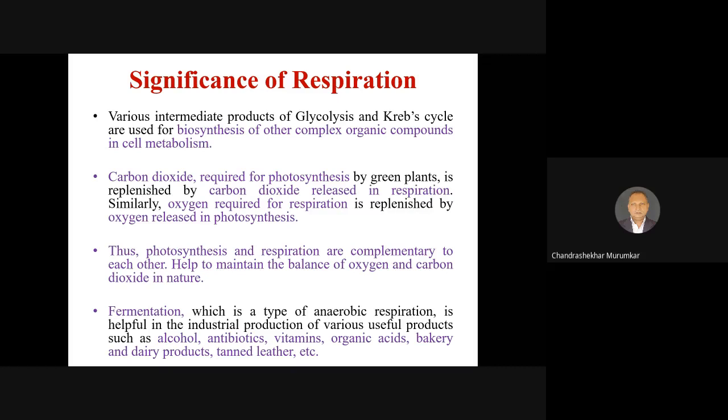Remember, there are three components which are very important from the examination point of view. The first component is glycolysis. The second component is the TCA cycle or citric acid cycle or even Krebs cycle. And the last component is obviously the ETS or electron transport system.